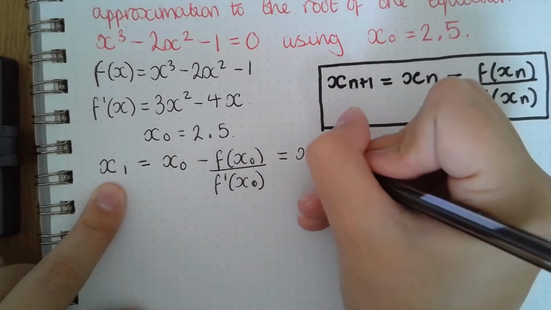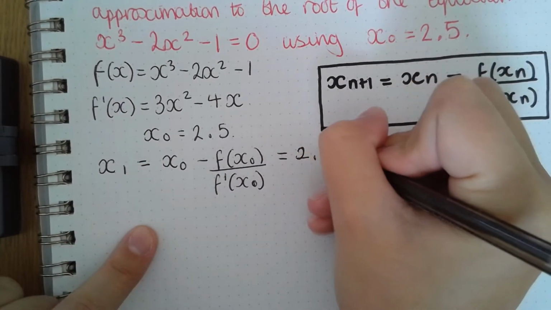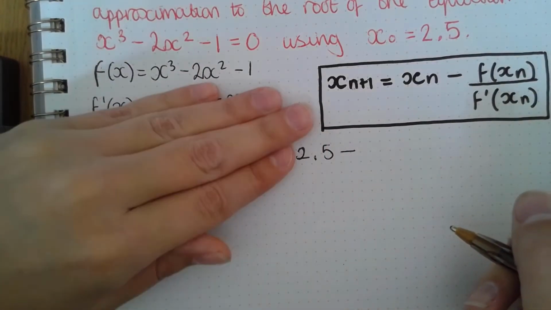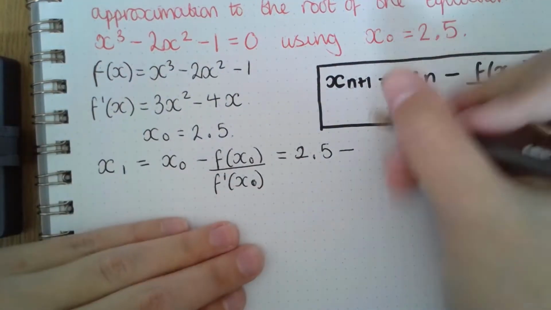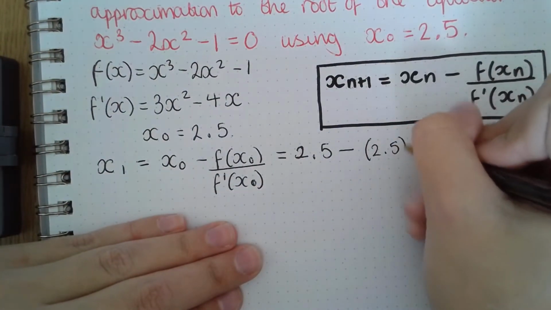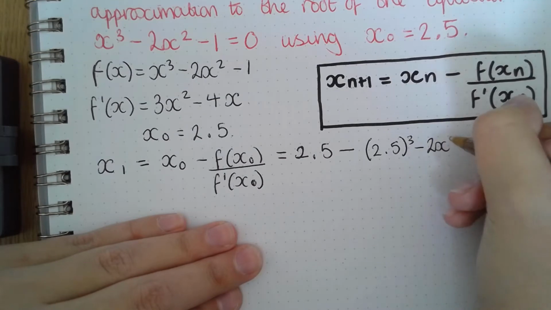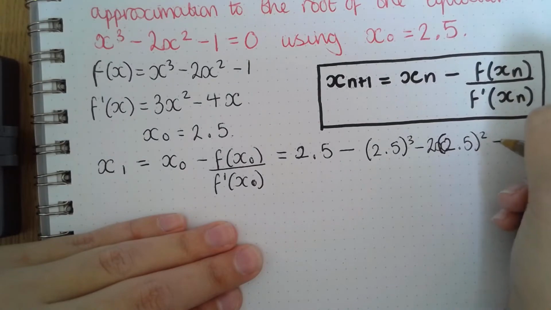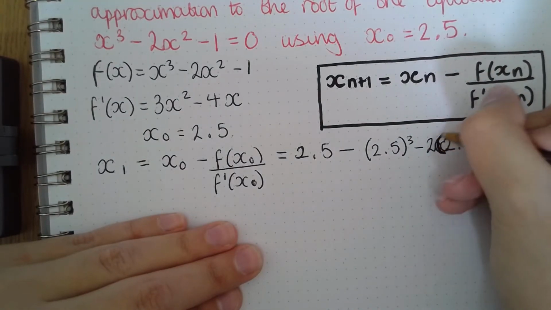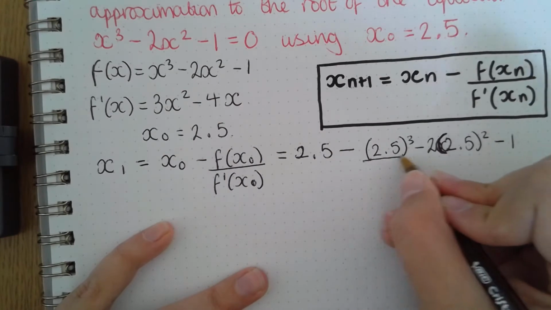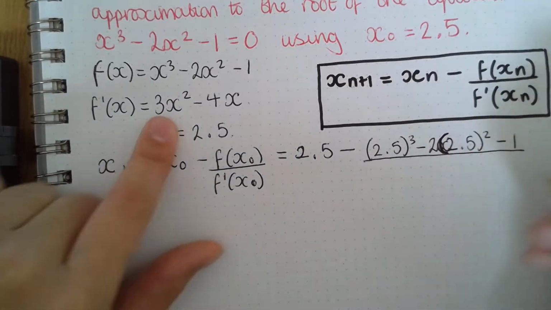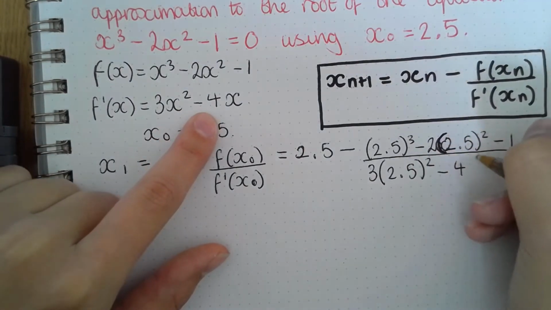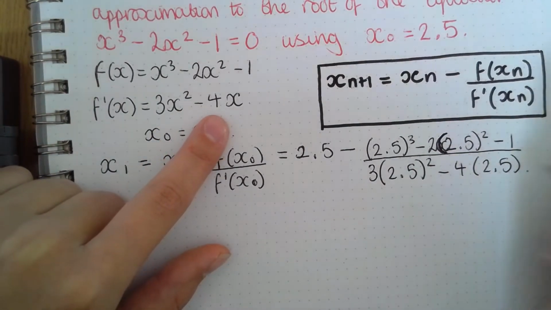We've got x0 is 2.5, take away our function with 2.5 in it, so 2.5 cubed, take away 2 lots of 2.5 squared, take away 1. We don't have x anymore, we've substituted in 2.5, divided by f prime, so 3 lots of 2.5 squared, take away 4 lots of 2.5.